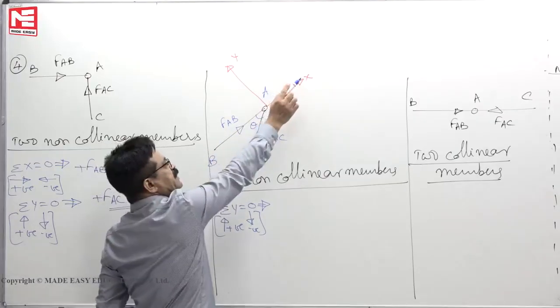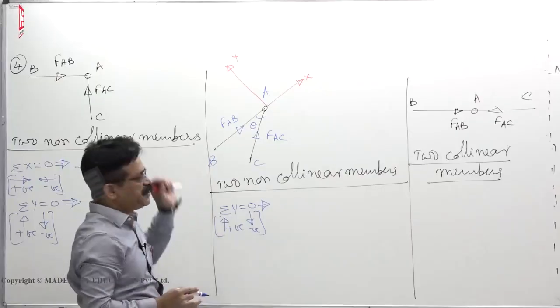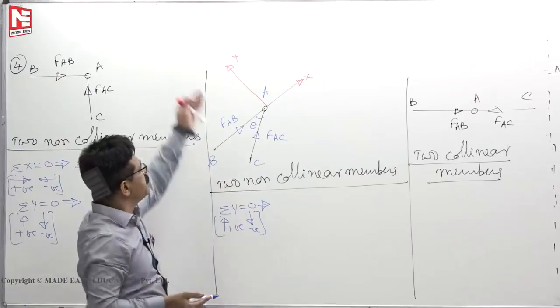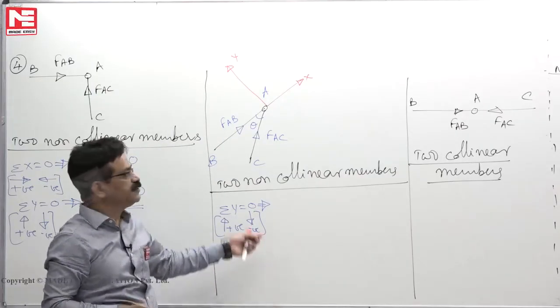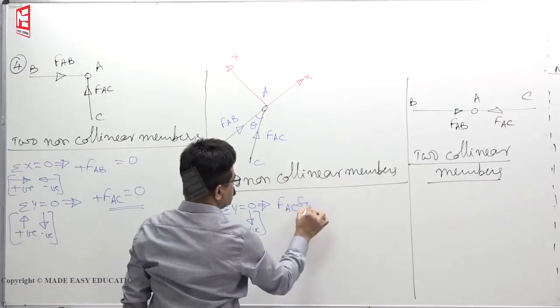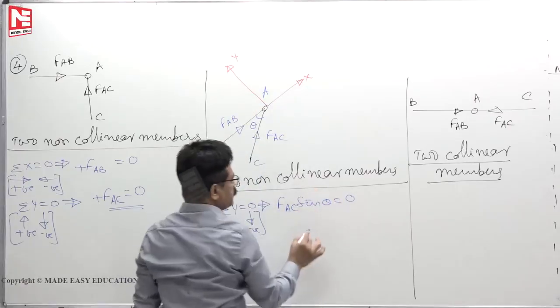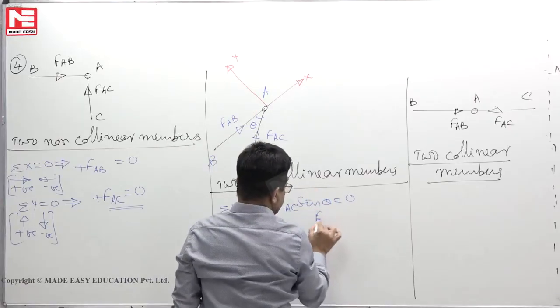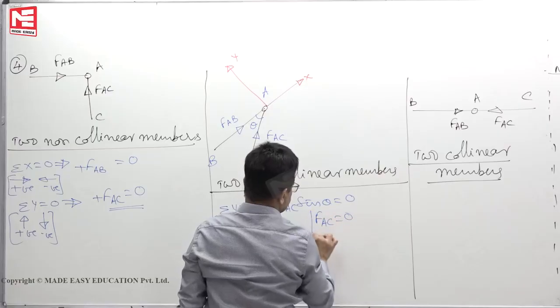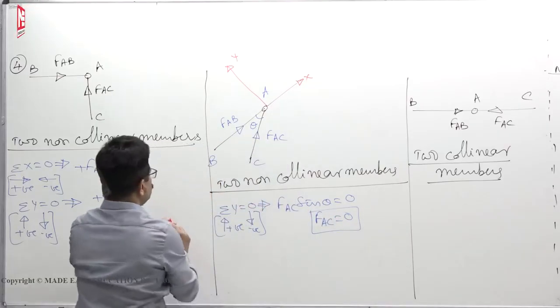FAB is acting along the x-axis and it doesn't have a y component. That means FAB will not influence the sigma y is equal to 0 equation. So FAC sin theta, only one member has a y component and it should be 0. That means FAC has to be 0, since sin theta can't be 0. Now you are ready to use sigma x is 0.